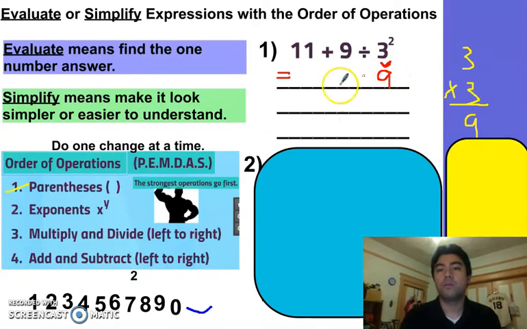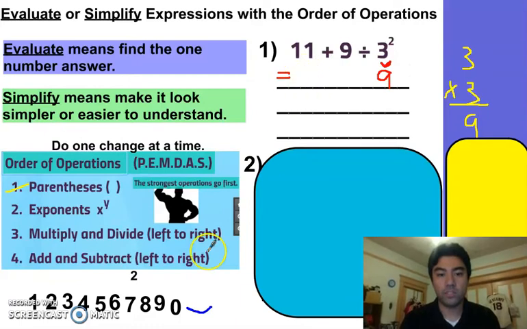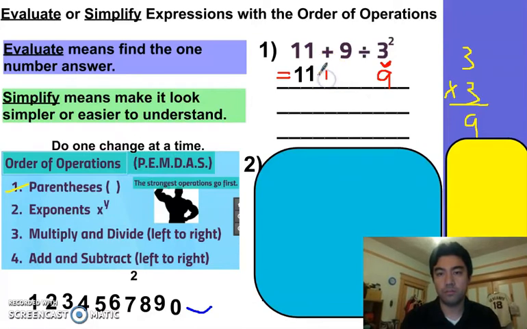All right, so since we are only doing one change at a time, we're going to just keep everything else the same. Meaning, just copy and bring down your 11, copy and bring down the plus sign. We'll do that later. And copy and bring down the 9. And also copy and bring down the division sign.